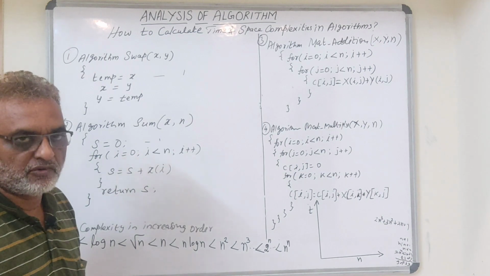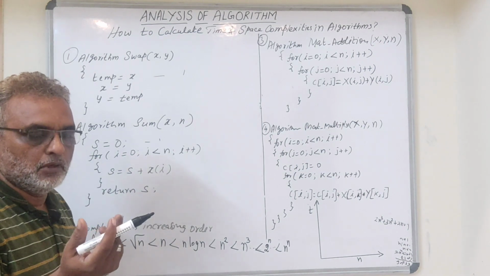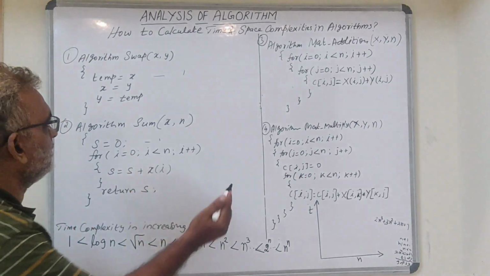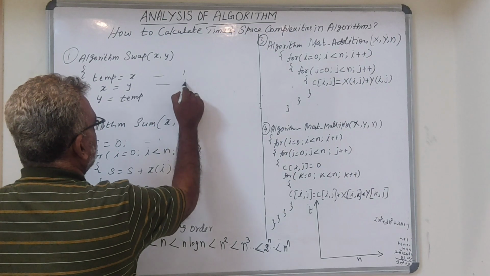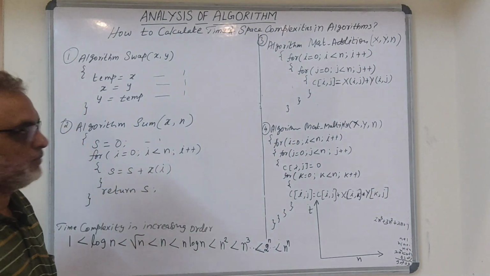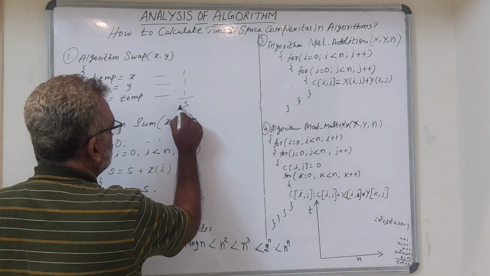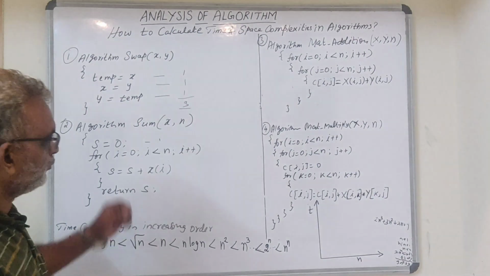Here the unit of time may be a microsecond or millisecond or nanosecond, whatever it may be. So let us consider that 1 unit of time. This statement will also take 1 unit of time, and this also takes 1 unit of time. So in total, in order to execute these 3 statements, the computer will take 3 units of time.